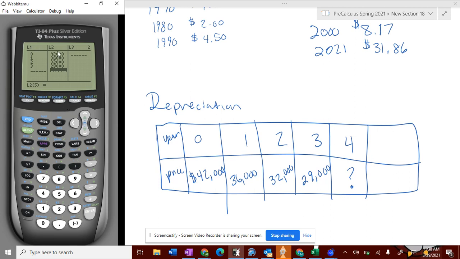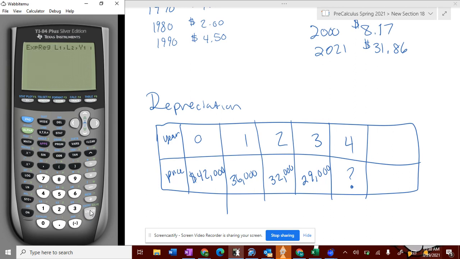So once you get your numbers into L1 and L2, it's stat, calc, then go to 0. And we're going to store the regression equation into y1.